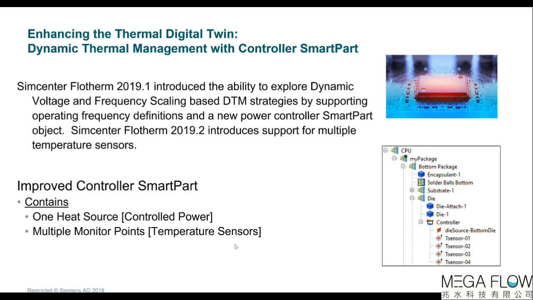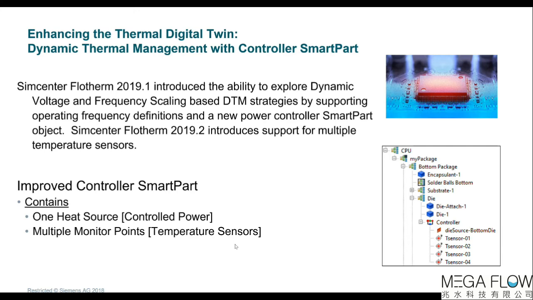One of the limitations in the original controller smart part is that it offered support for a single temperature sensor. So in Simcenter Flotherm 2019.2, this controller smart part has been extended to use multiple temperature sensors.